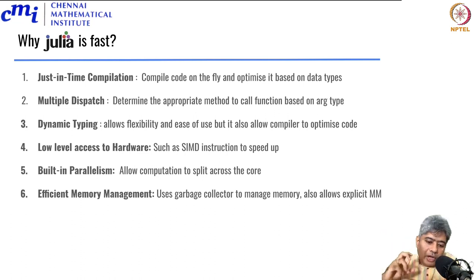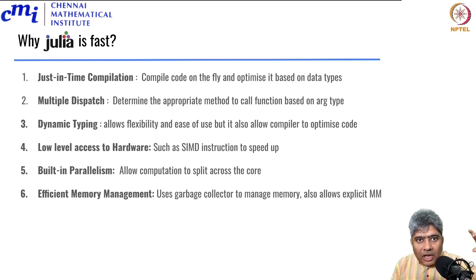Suppose you have an argument a, and a can have two kinds of possible input. It could be a string, then it will do a certain operation, and it could be a float, then it will do another kind of operation.